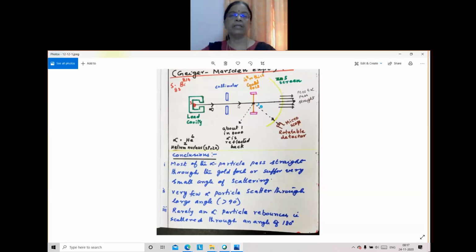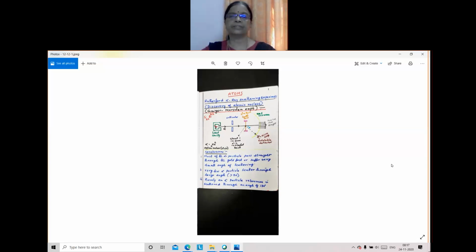Then only can the alpha particle be deflected, by another heavy charge, because this has 2 positive charges. So 1 positive charge cannot deflect it, it rebounds it. So a heavy positively charged core should be present to deflect this alpha particle. So then he told that is the nucleus.